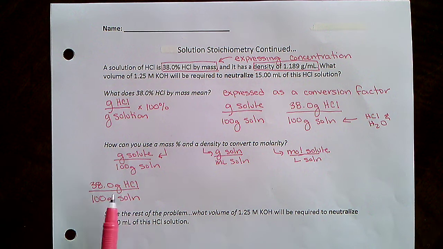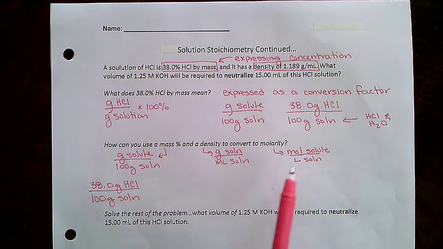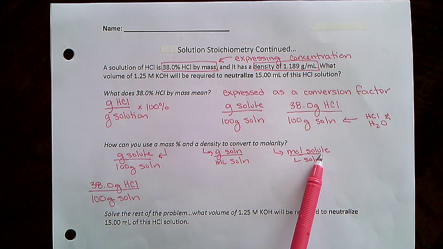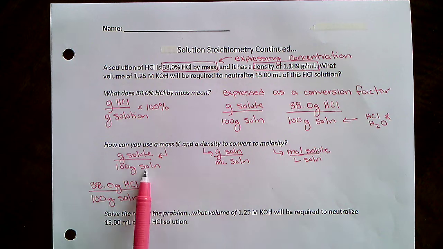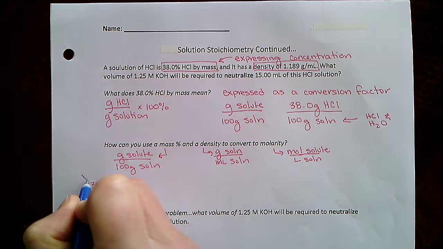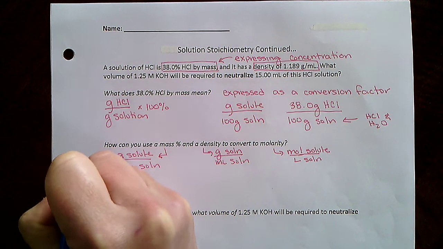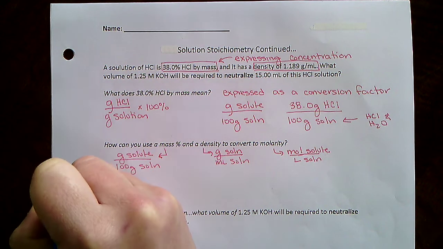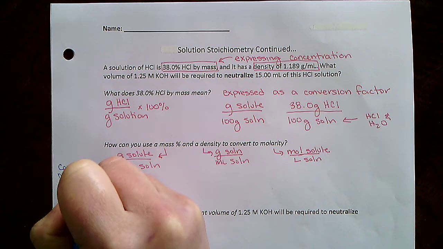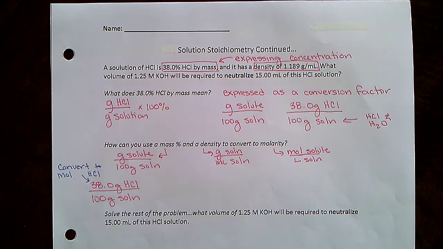So we need to take grams of HCl and convert it to moles of HCl if we're going to go from mass percent to molarity. So as part of our plan, this needs to be converted to moles of HCl.